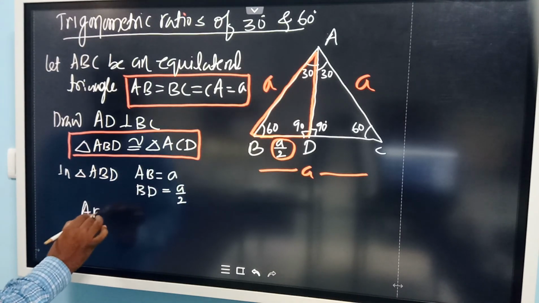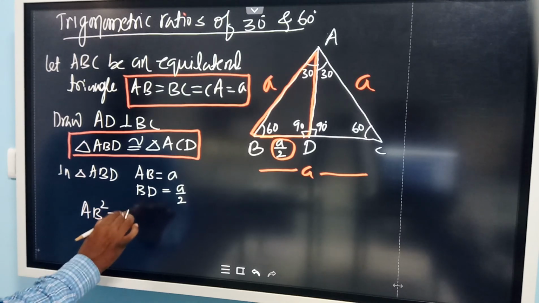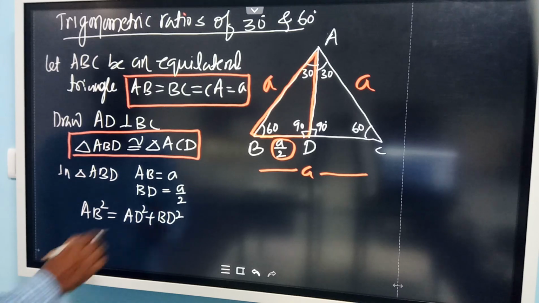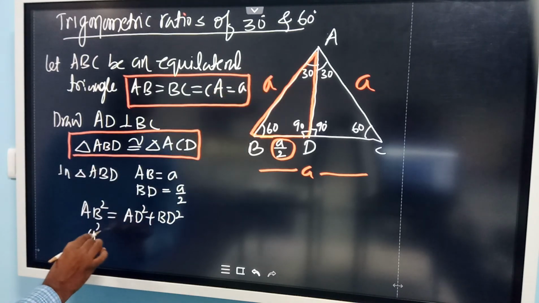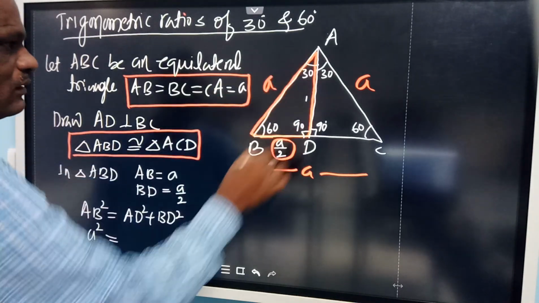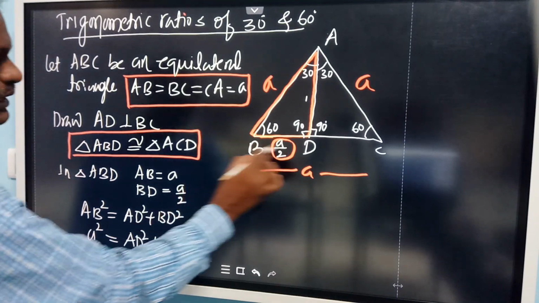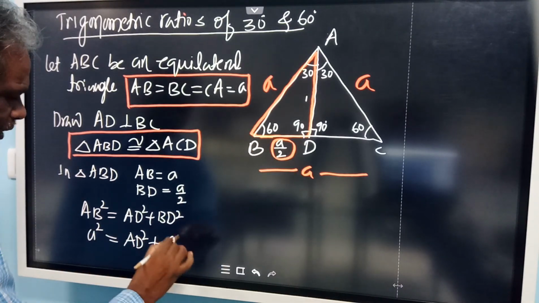So we have AB square is equal to AD square plus BD square by Pythagoras theorem. AB value, substitute here A square. AD value we have to find out, keep as it is. BD square, you know it is A by 2 whole square.